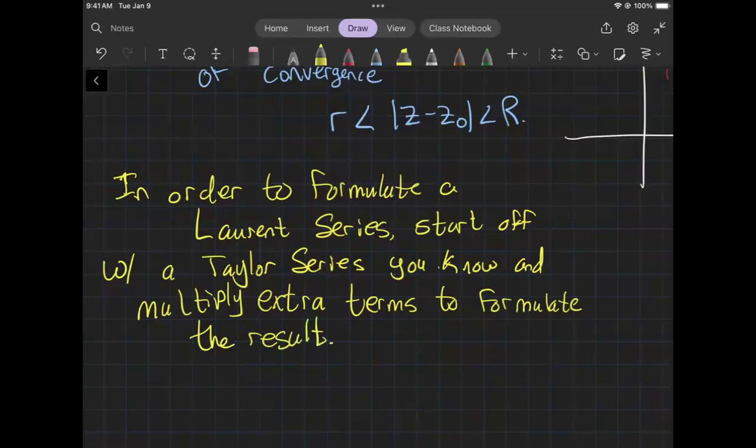That's sort of the idea in formulating a Laurent series.